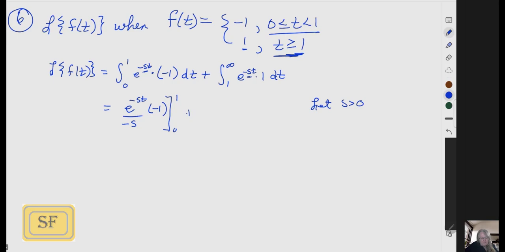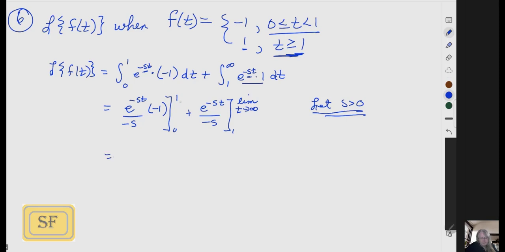On the second part, again, the integral of e to the negative st is e to the negative st divided by negative s. And here we have that limit as t goes to infinity. This is when we'd want to let s be greater than 0, so that that limit will go to 0.